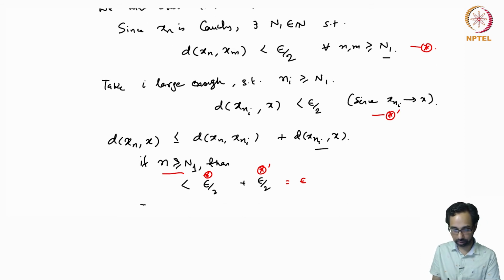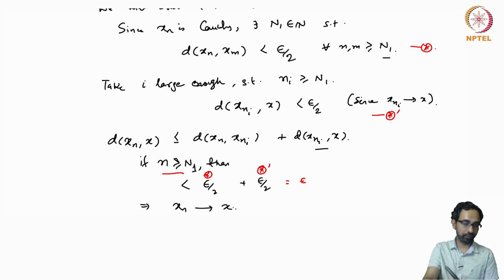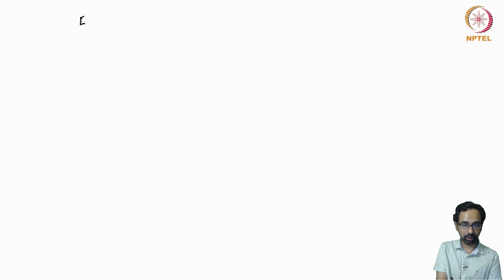Therefore this implies that x_n converges to x, and therefore this space is complete because every Cauchy sequence converges.